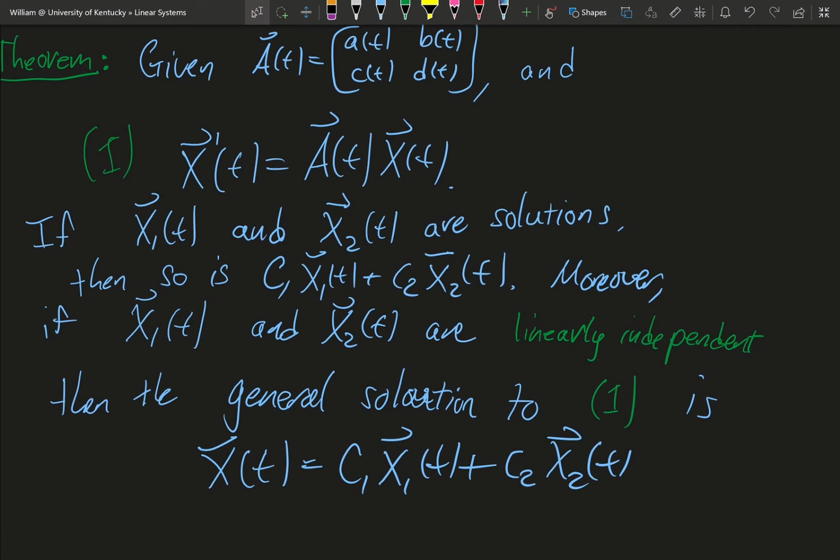This lets us know in general that we should always expect two constants, and it should look like this. Let me say a little more about what linear independence means in this context.